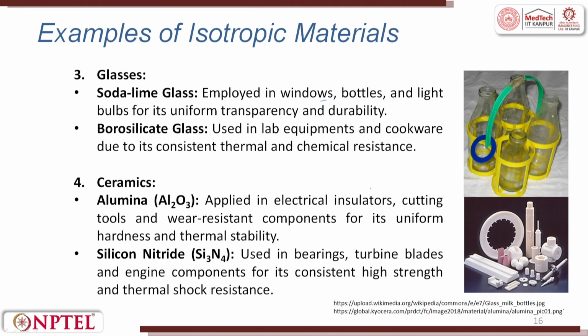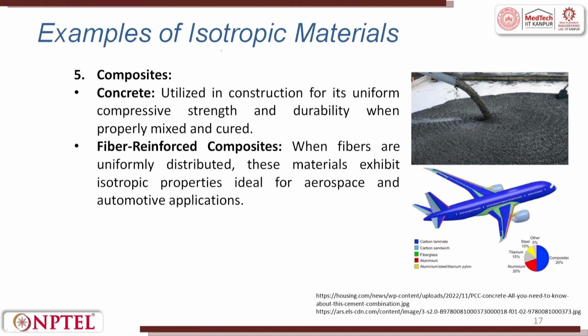Ceramics are used in electrical insulation, cutting tools and wear-resistant components for their uniform hardness and thermal stability. Silicon nitride is used in bearings, turbine blades and other engineering components for its consistent high strength and thermal stability.